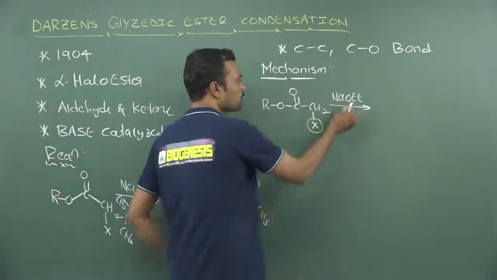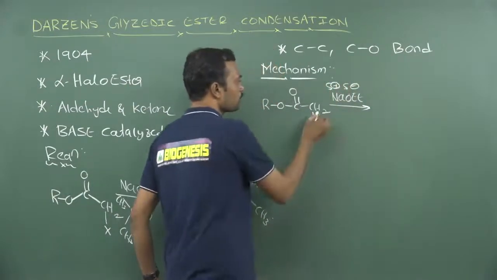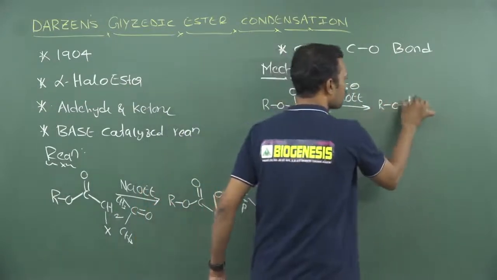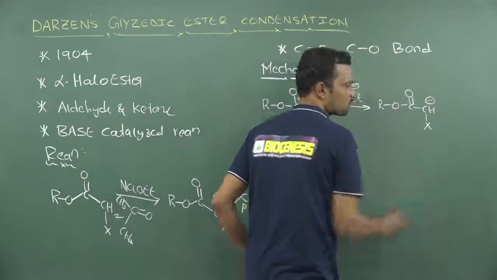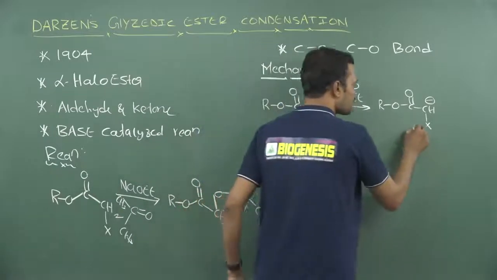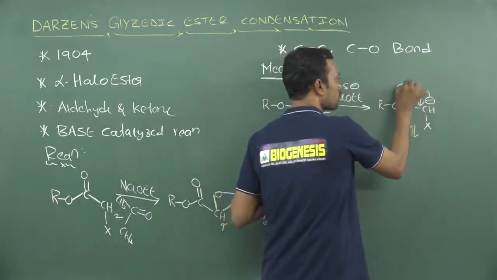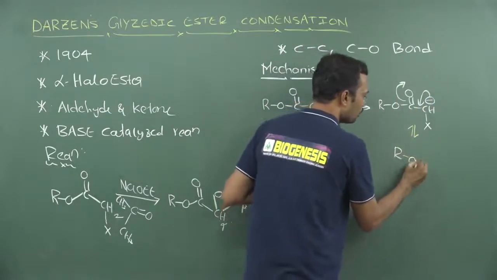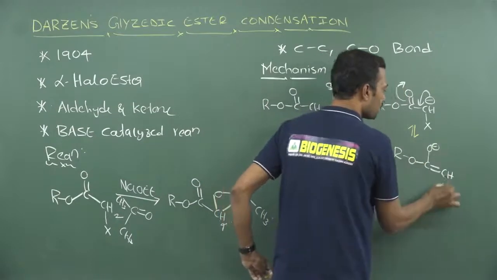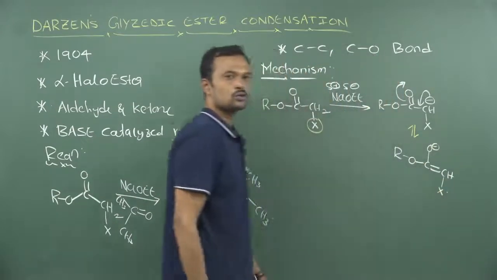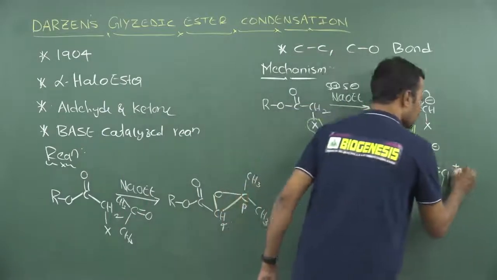Here it remains the same. This base EtO minus will take a proton from here. After taking the proton from this carbon, you get CH minus, and the halogen is present. Now this is stabilized as an enolate ion by resonance. You may get a carbon double bond, and here you may get O minus, and the halogen is present. Later, this particular molecule is going to react with the carbonyl given here.